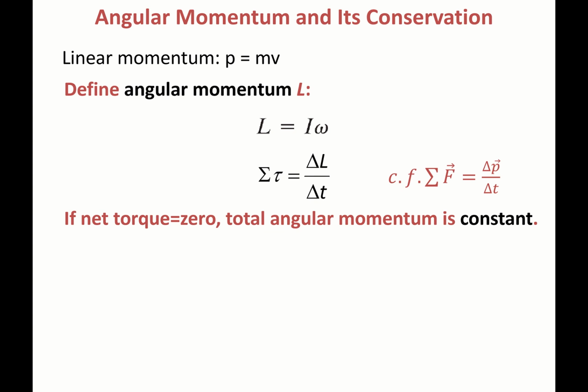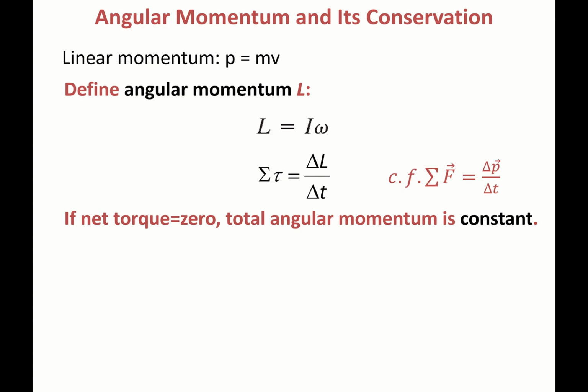And also remember, Newton's second law was that the sum of the forces, the net force, was equal to the rate of change of linear momentum. So here, for rotation, we're going to say that the net torque is equal to the rate of change of angular momentum.